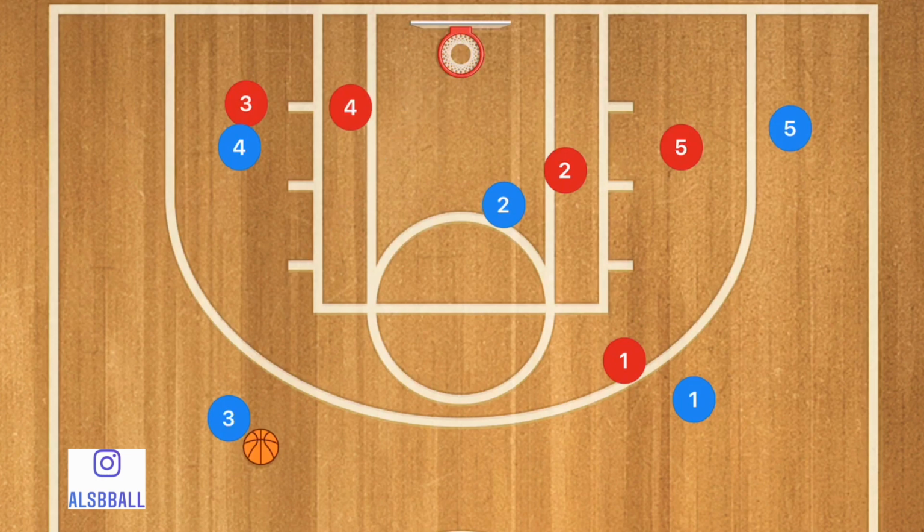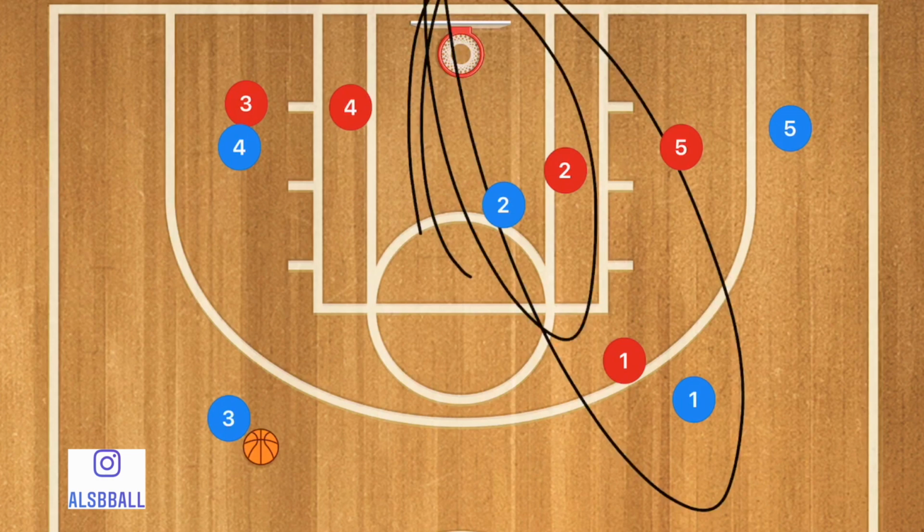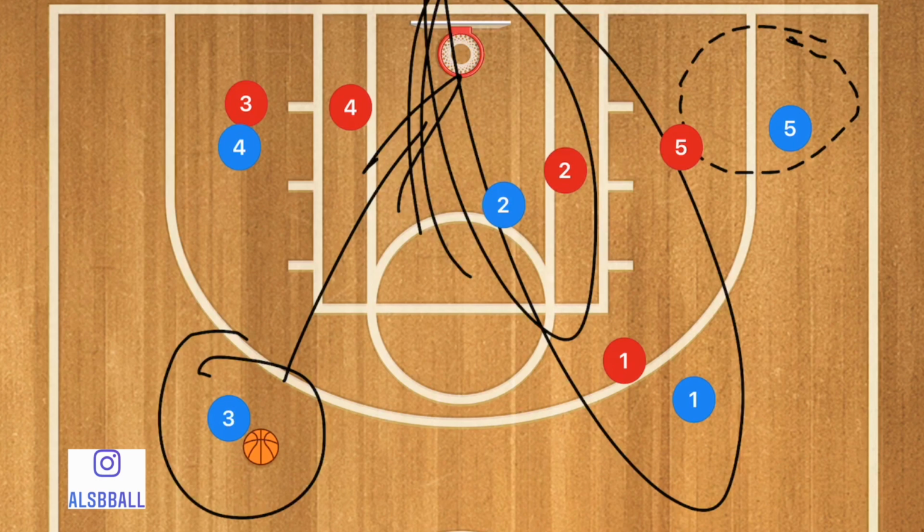So, keeping in mind, option number 1 is the three-point shot. Option 2 is the layup. Option 3 is a possible player 5 three-point shot. And the last option is player 3 taking a three-point shot as well.